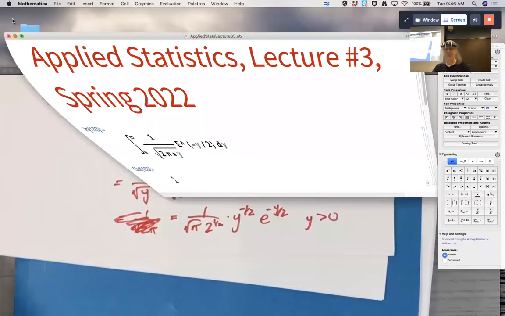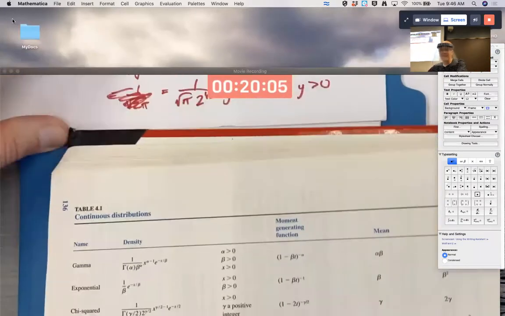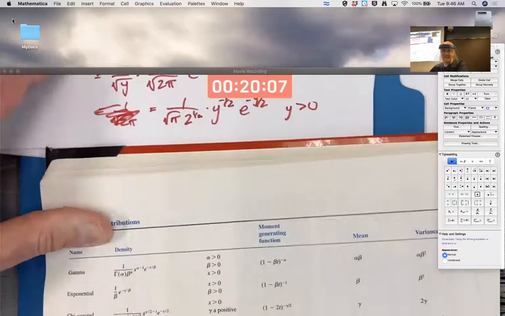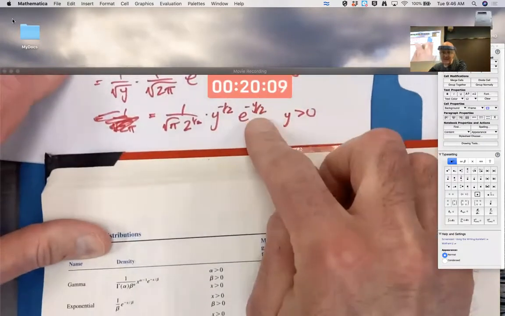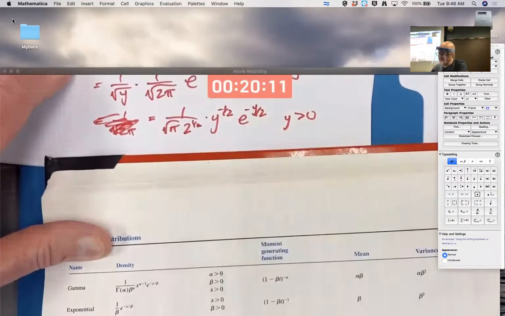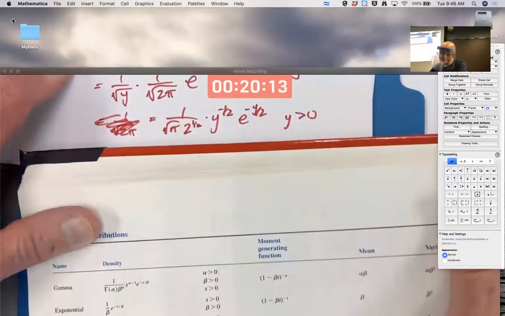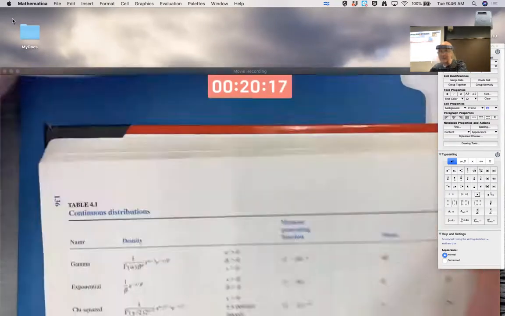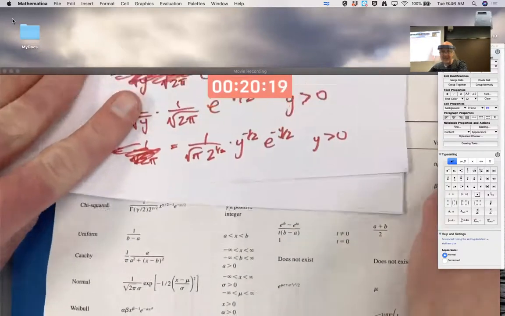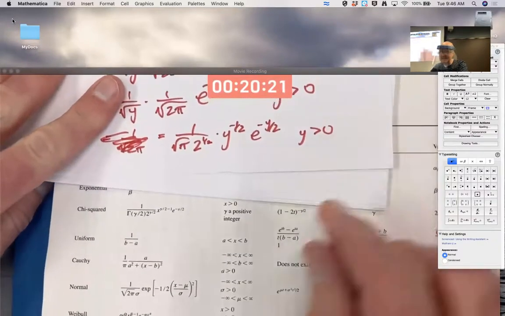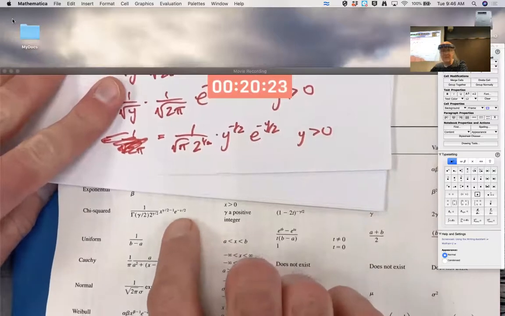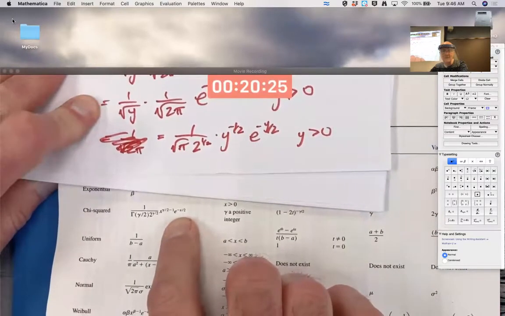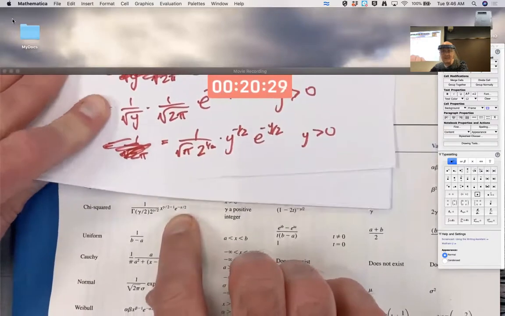Same table, chapter 4. This function right here is the same as, or at least very similar to this function, chi squared. Can you see it? Is that big enough?